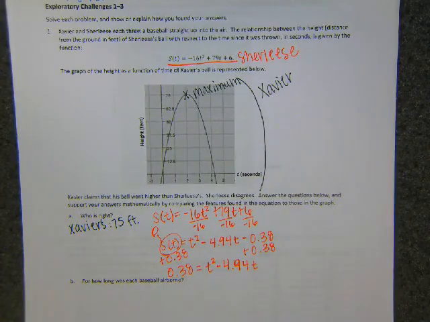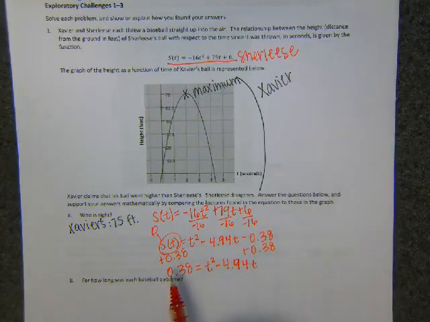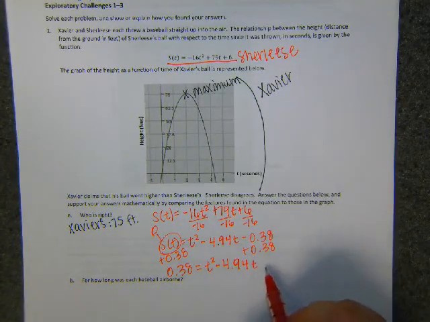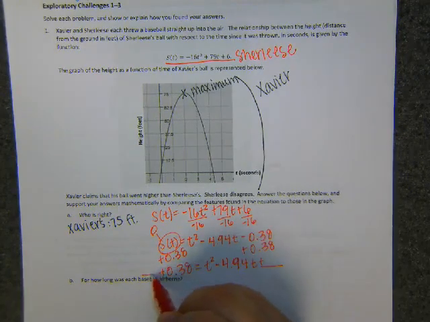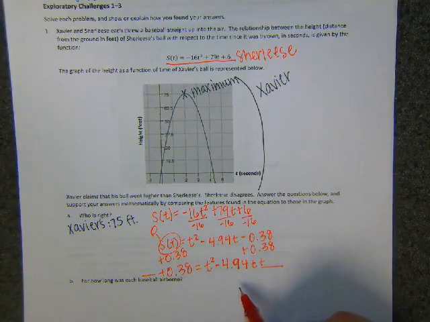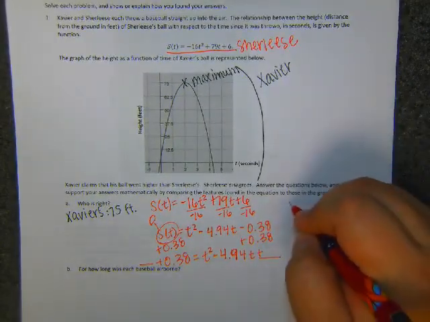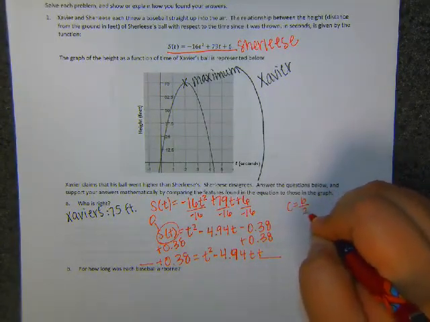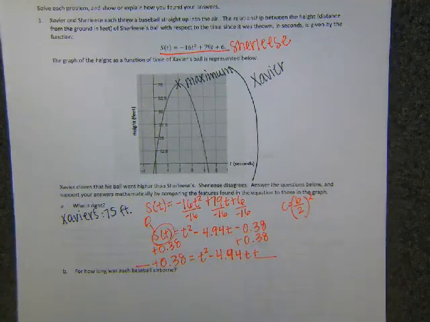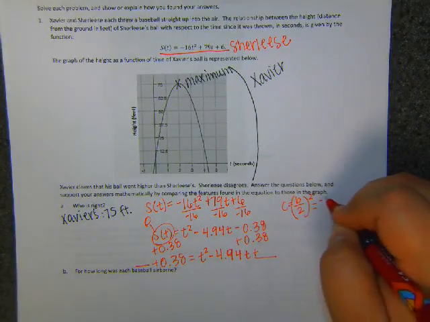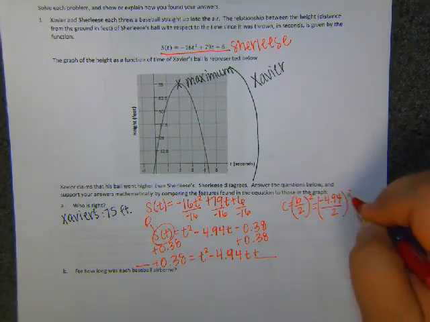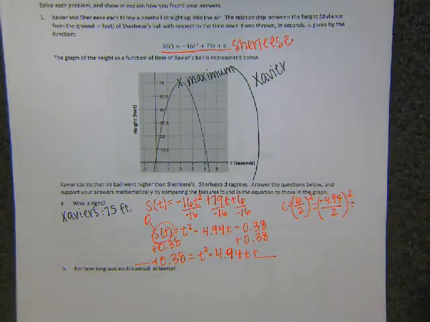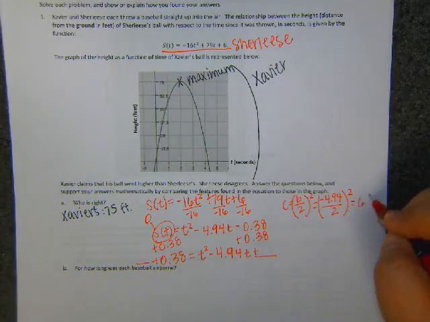Now that we've moved this 0.38 to the other side, we need to add our magic number on both sides in order to make this a perfect square trinomial. The way that we do that is we take b divided by 2, and we square it. So we have negative 4.94 divided by 2, squared, and we come out with 6.1.